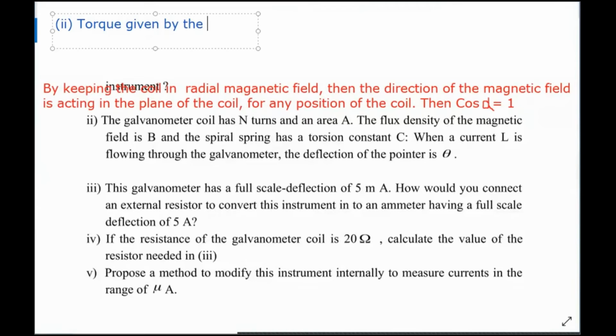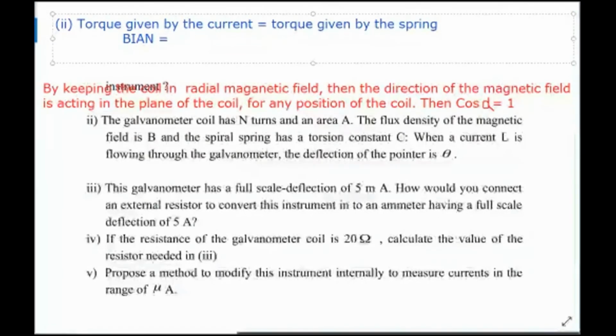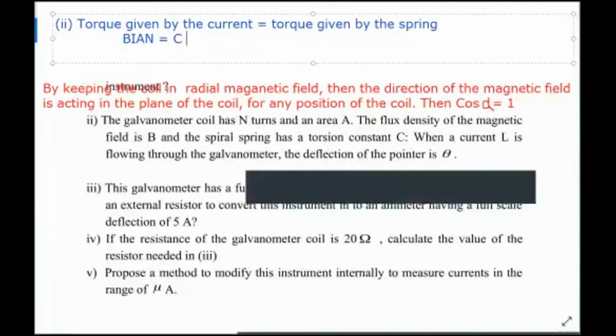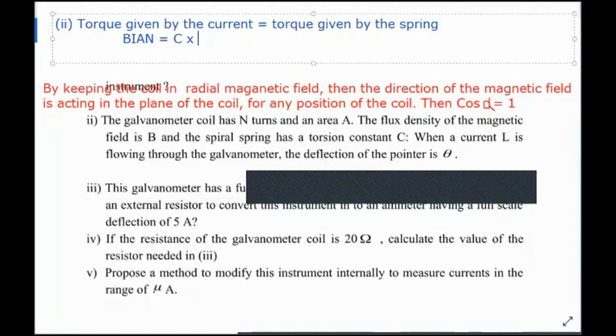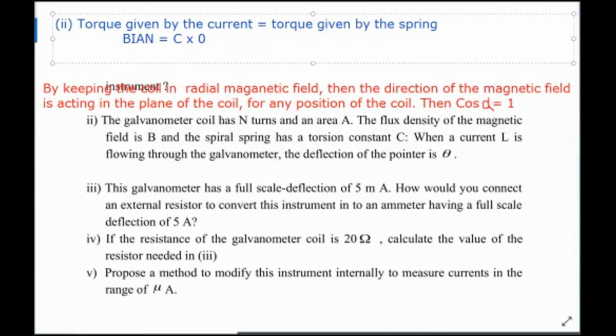The torque given by the current, we found it as BIAN. Now cos alpha is not there because alpha is always 0 due to the radial magnetic field. BIAN equals the torque given by the spring, the spring constant into the rotated angle. Here the rotated angle is theta. BIAN equals C theta.